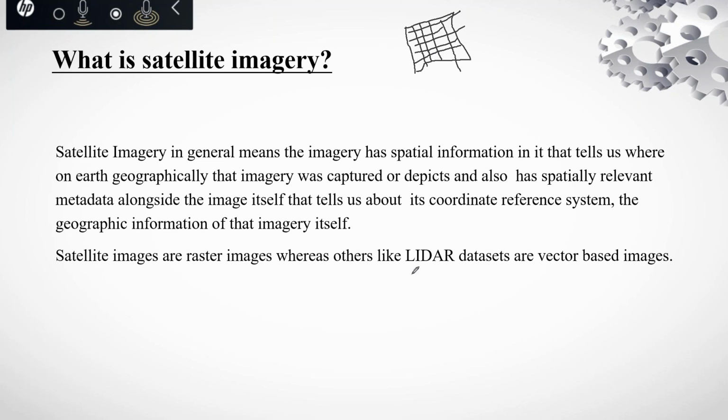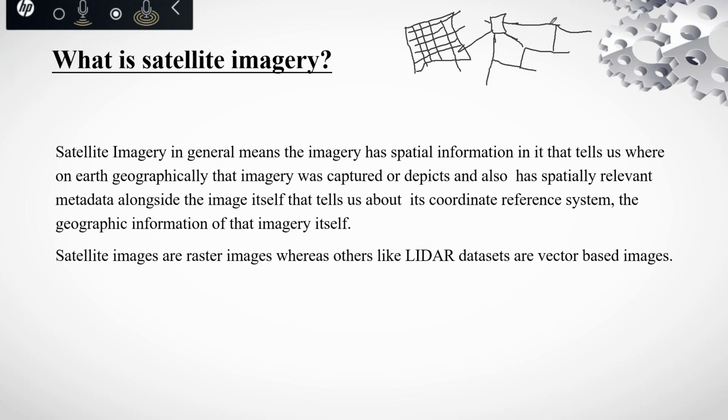Unlike that, LiDAR images are more like we have a LiDAR sensor here, and it consists of many lasers. Suppose we have a terrain here. The lasers basically point into the terrain, and it captures the images of those terrains.